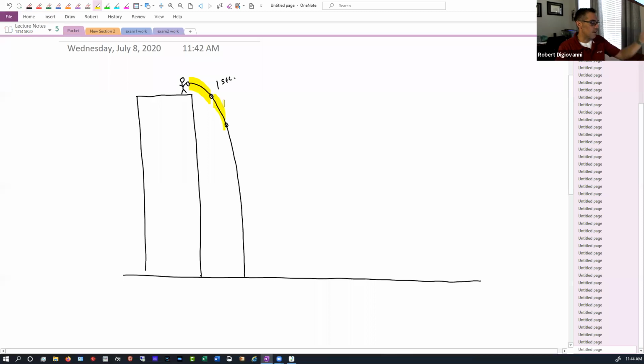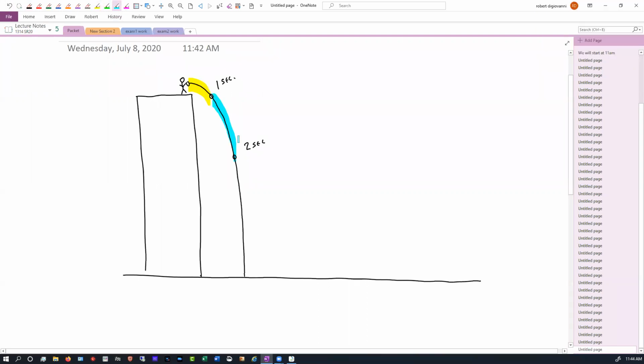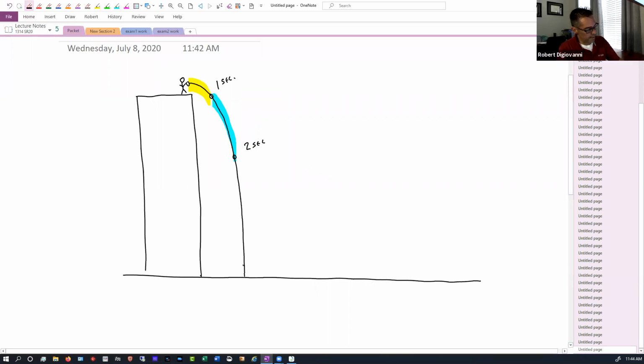It's actually going to have traveled further because it's speeding up. After 2 seconds, the ball has now traveled much further than it did in the first second. Does that make sense to everyone? And then at the third second, it may have even hit the ground.